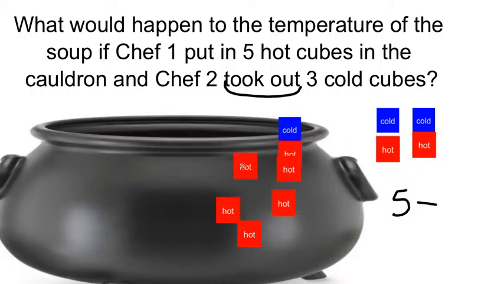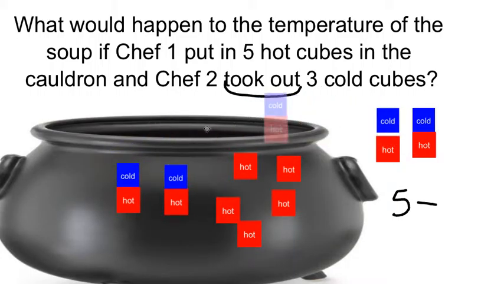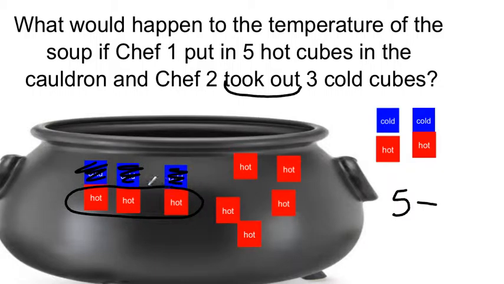No. So I'm going to put in the cold cubes he needs to take out. 1, 2, 3. In this case, what do I end up doing? If I take out the cold cubes, 1, 2, 3, I actually made my soup hotter because that's what remains with my 0 pairs. So to take 5 minus a negative 3, it's actually going to make my soup hotter.